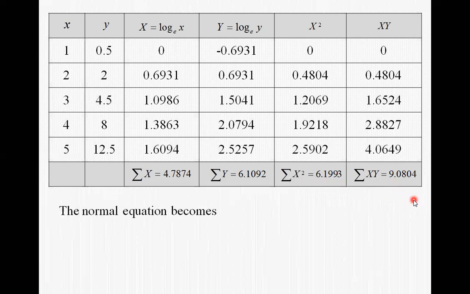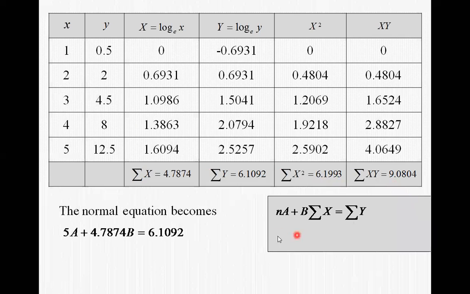The normal equations become: nA plus B into summation of capital X equals summation of capital Y, that is, 5A plus 4.7874 into capital B equals 6.1092.